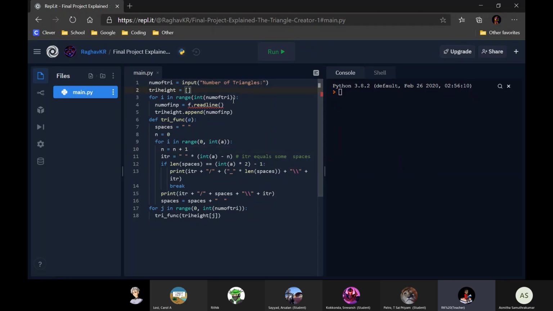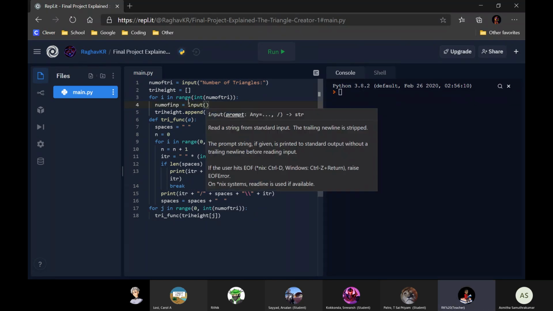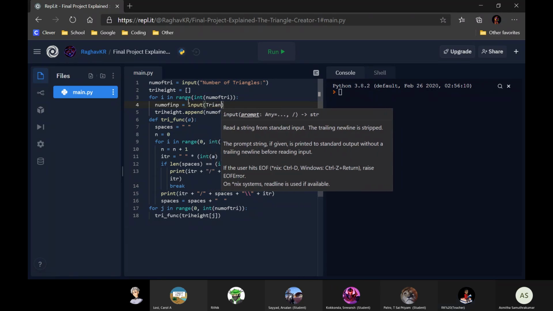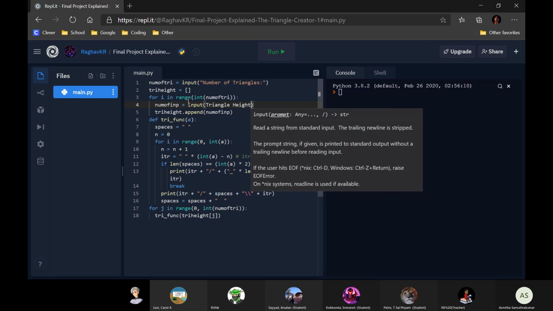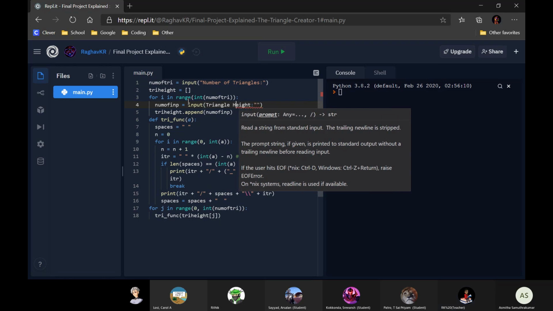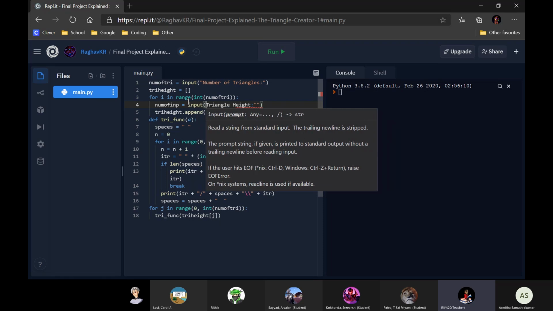Okay, so that's an input, and now instead of f.readline, we can just ask for another input. And what can we say? Triangle height? Yeah, triangle height. One sec, I need a string, obviously. No, I forgot that.